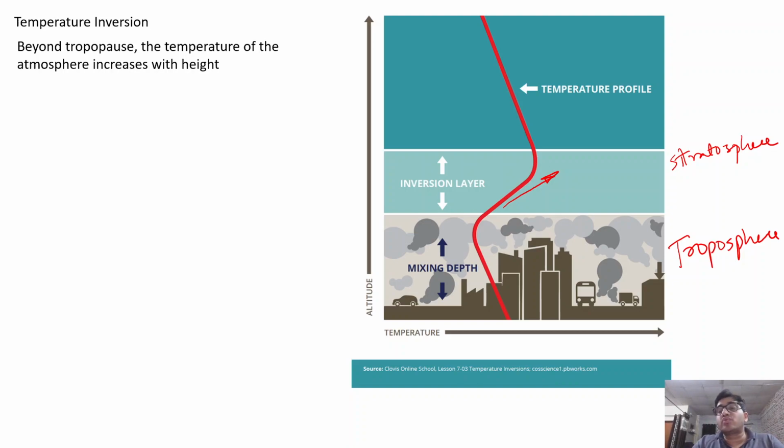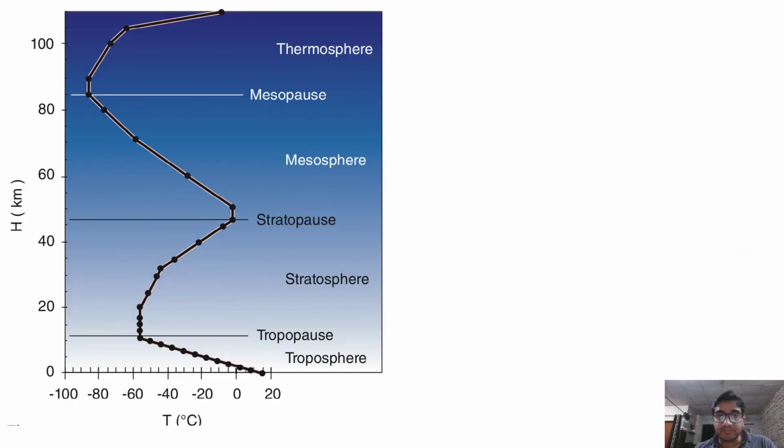As soon as we cross the tropopause, after some height, there is an increase. The temperature starts rising. This is called the inversion of temperature. So the inversion of temperature needs to be studied in detail. It's a very important point and has a very significant impact on atmospheric and meteorological phenomena.